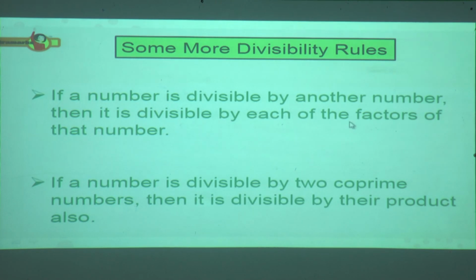If a number is divisible by two co-prime numbers, then it is divisible by their product. We are going to see co-prime numbers in detail. Whatever answer we get after multiplying the two co-prime numbers, the number is divisible by their product.